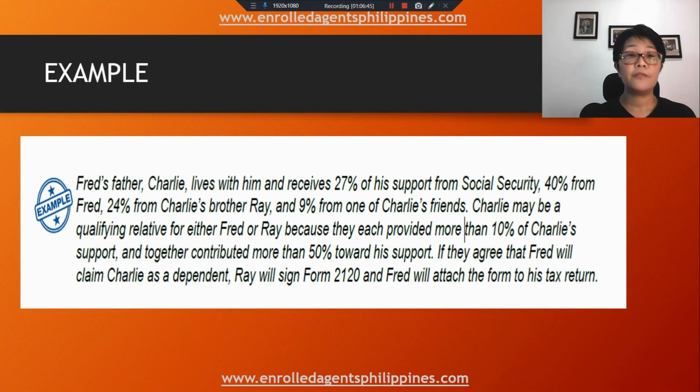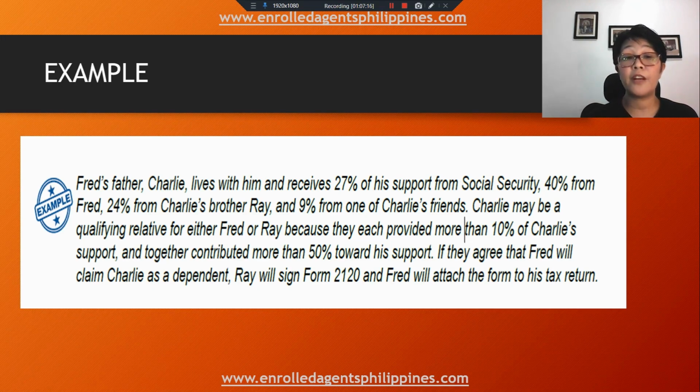Example: Fred's father, Charlie, lives with him and receives 27% of his support from Social Security, 40% from Fred, 24% from Charlie's brother Ray, and 9% from one of Charlie's friends. Charlie may be a qualifying relative for either Fred or Ray because they each provide more than 10% of Charlie's support and together contributed more than 50% towards his support.